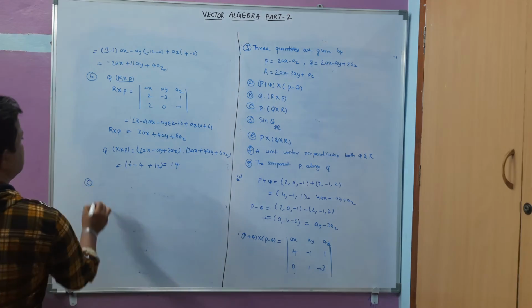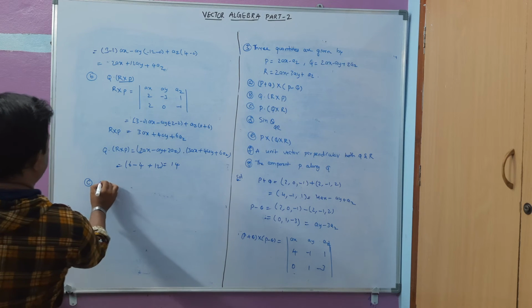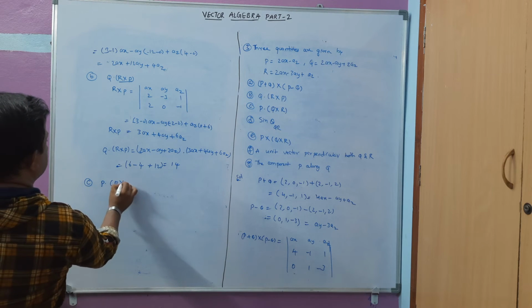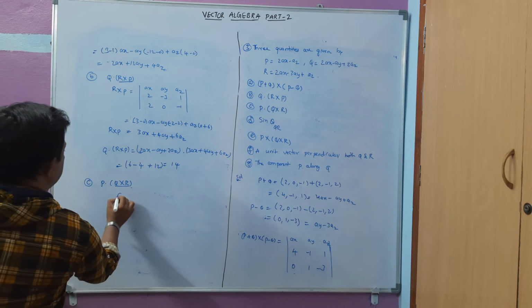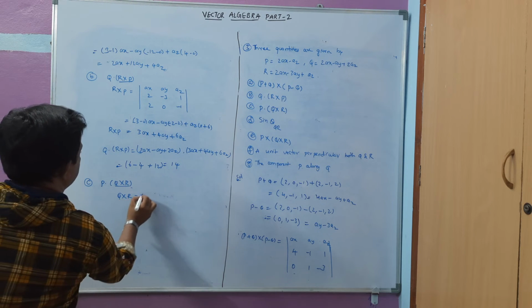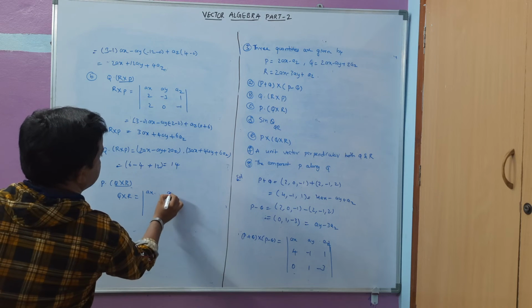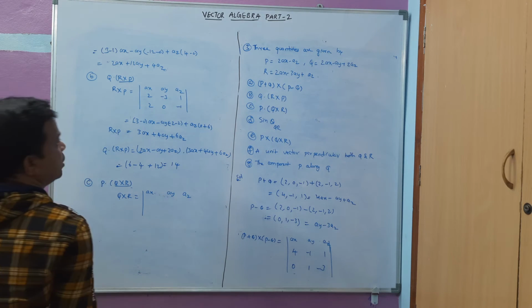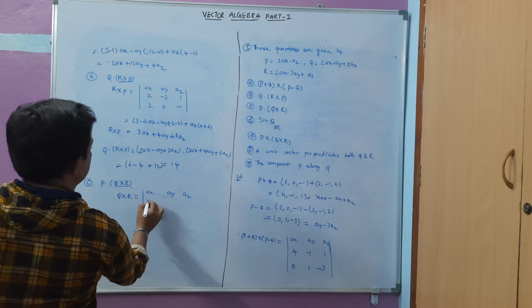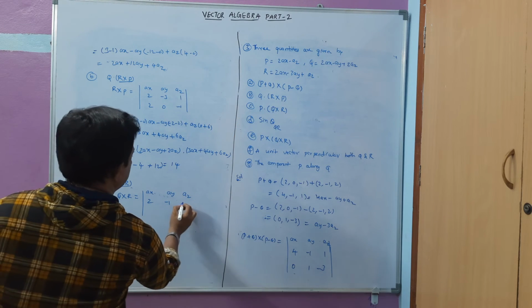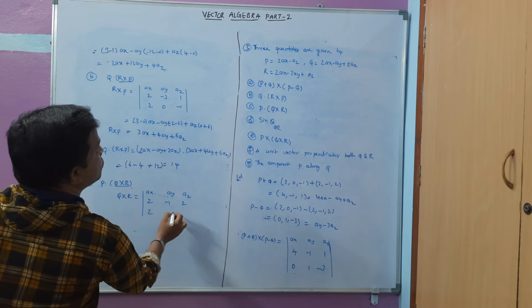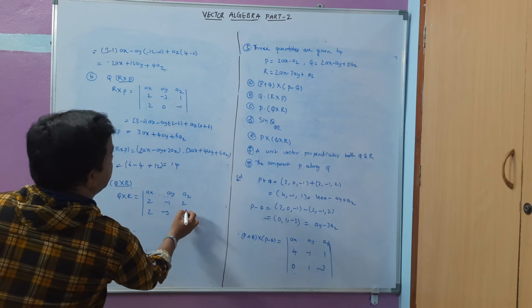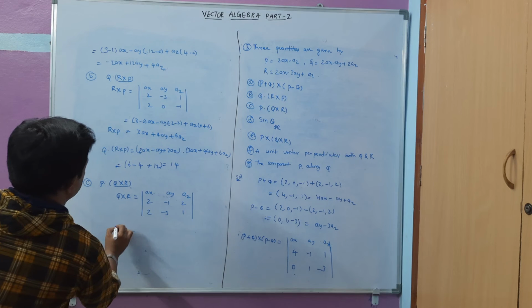Similarly, C question, p dot q cross r. First I have to take the cross product of q cross r. Q cross r will give me ax ay az. What is q here? 2 minus 1 and 2. What is r there? 2 minus 3 and 1. So what do I get here?